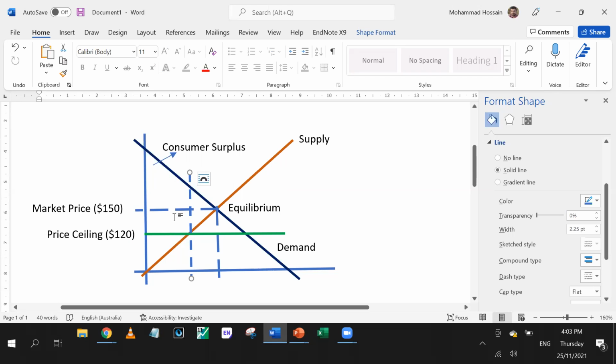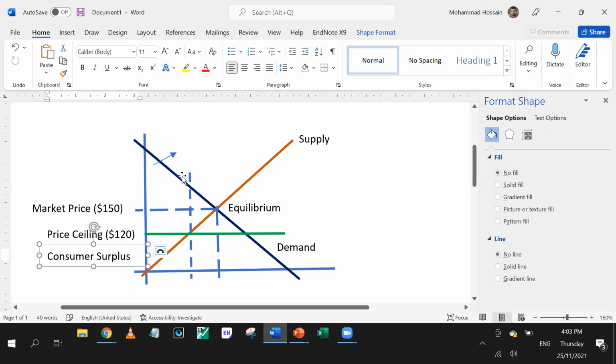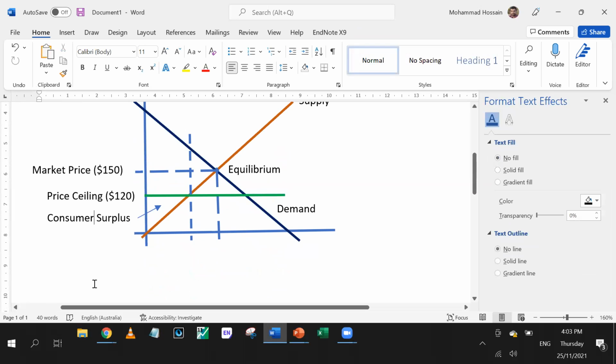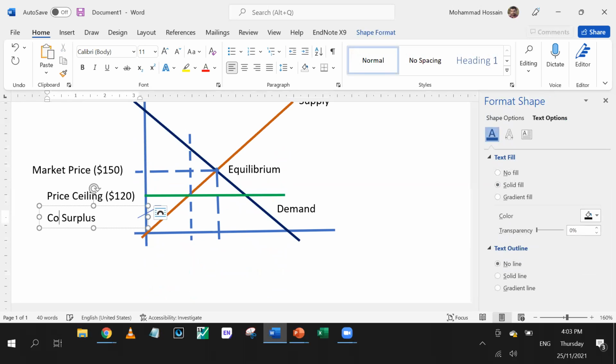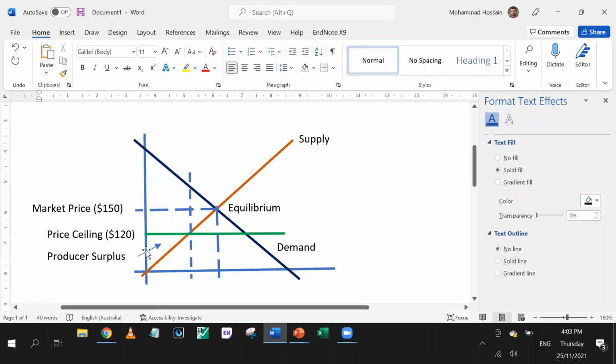And how much is the producer surplus? This one will be the producer surplus. This triangle is producer surplus, not consumer.